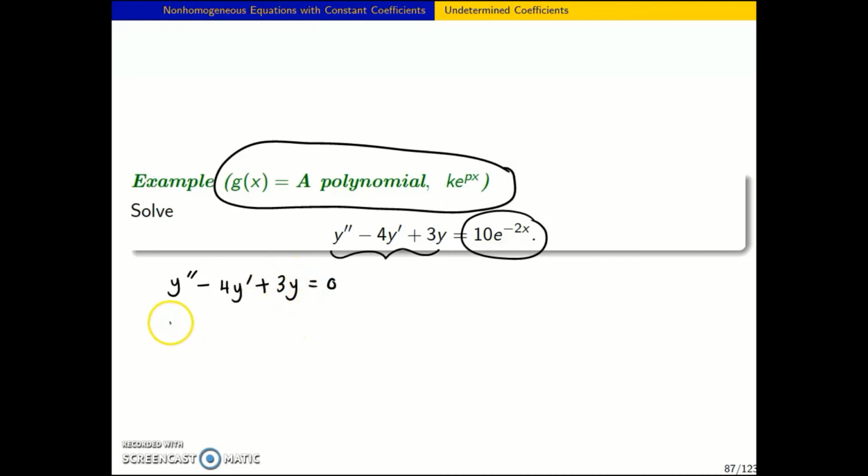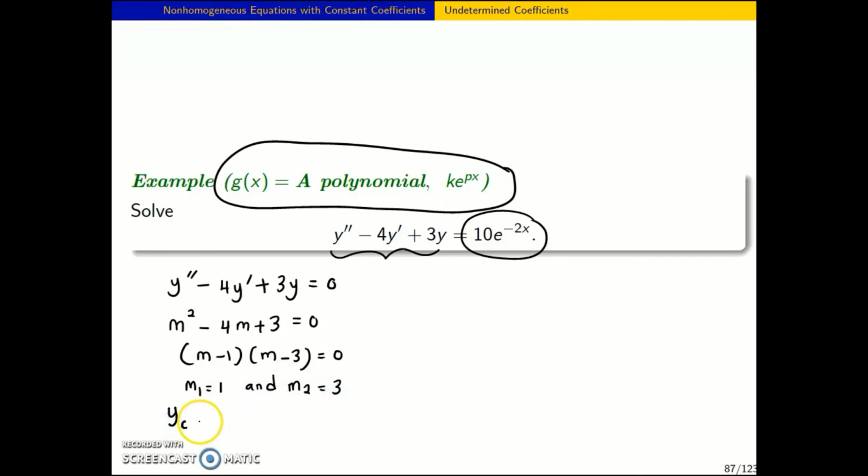So you want to find yc. m squared minus 4m plus 3 equals 0. I can factor this as (m minus 1)(m minus 3). I have two different roots, m1 equals 1 and m2 equals 3.